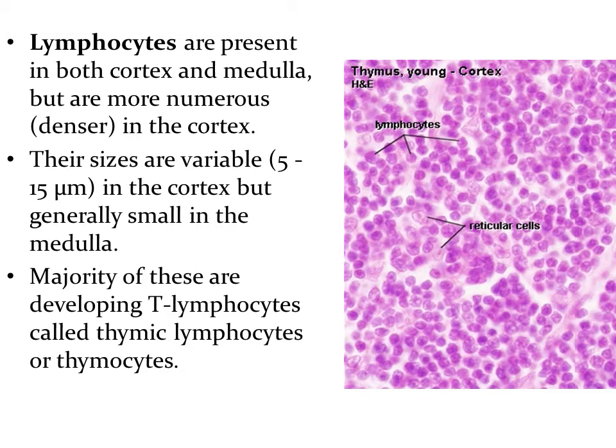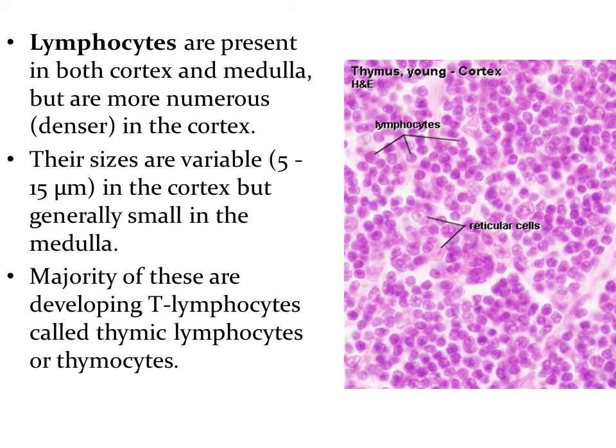Lymphocytes are present in both the cortex and the medulla, but are more numerous in the cortex, and due to this most abundant amount of lymphocytes, the cortex stands darker than the medulla, because the medulla has fewer lymphocytes compared to the cortex.